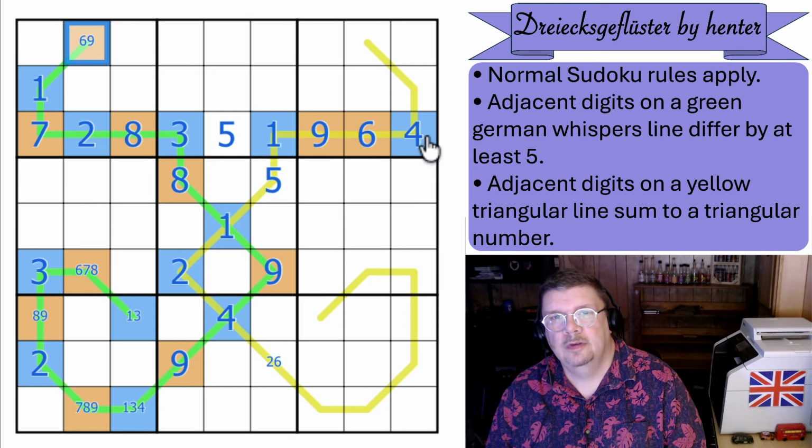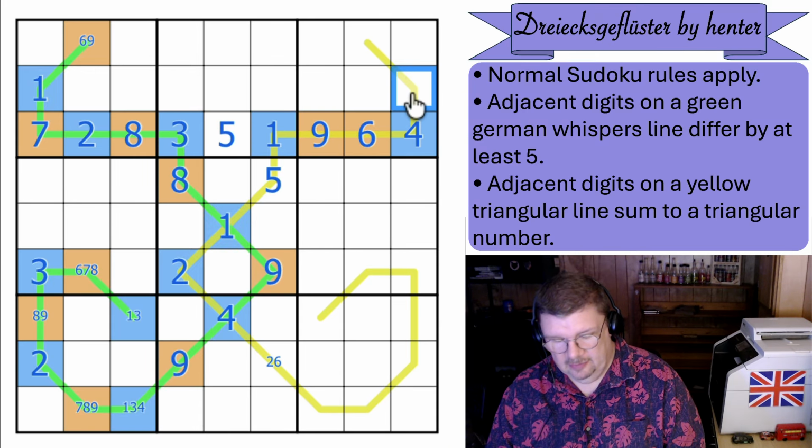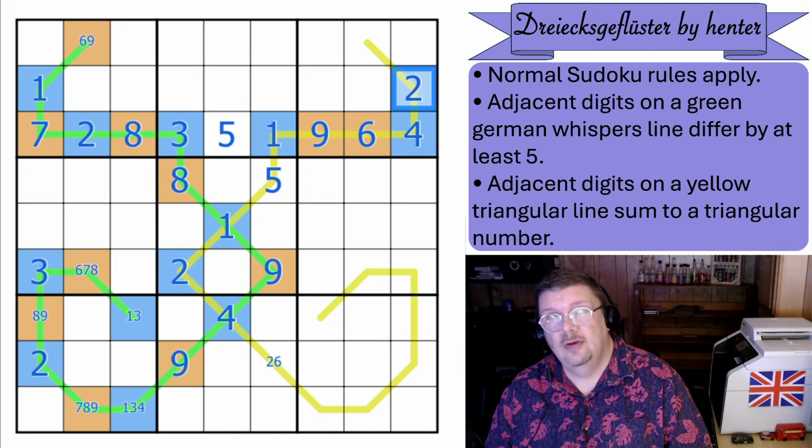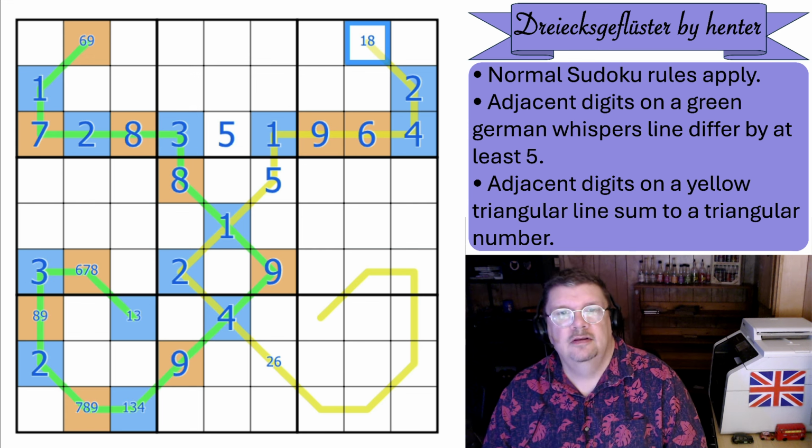Okay. So 4 has 2 adjacencies, 6 and 2. So that has to be a 2. 2 has 3 adjacencies, which were 1, 4, and 8. So that is 1 or 8. I don't think I can determine which yet.